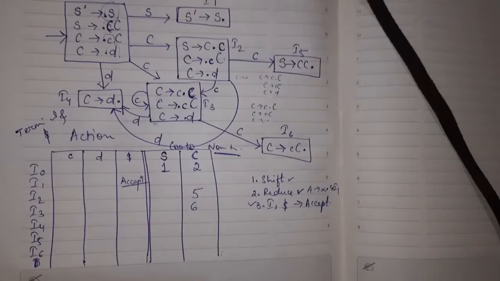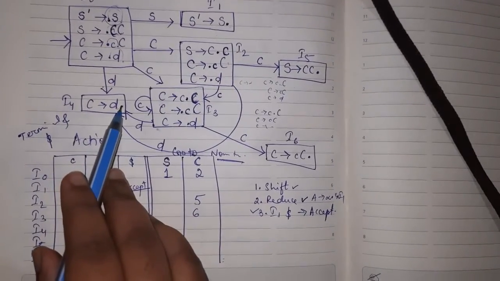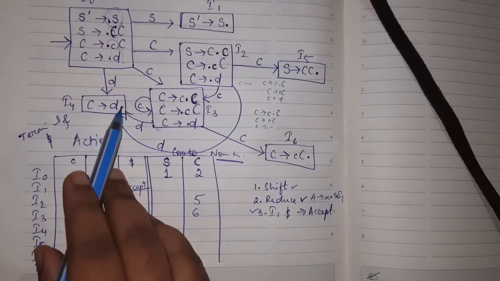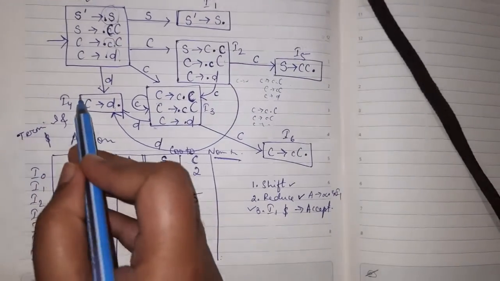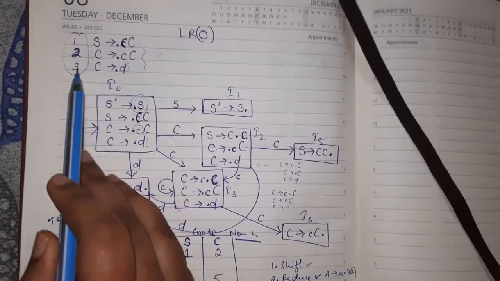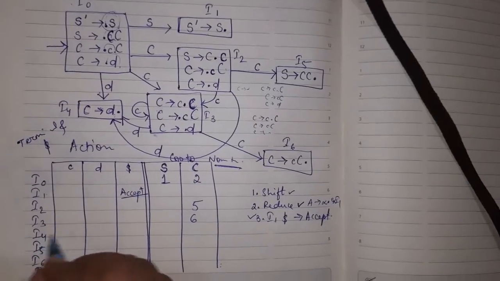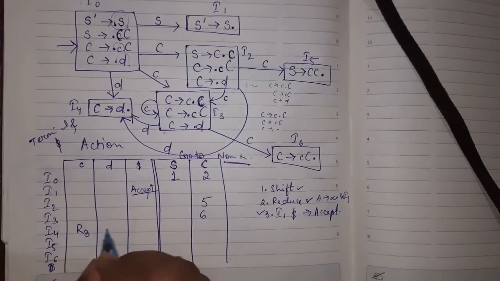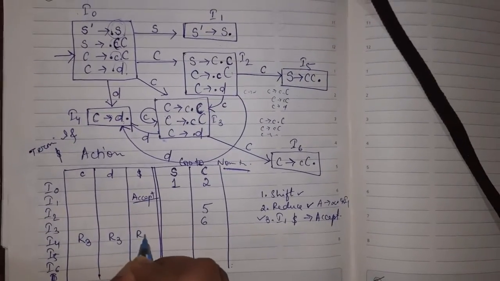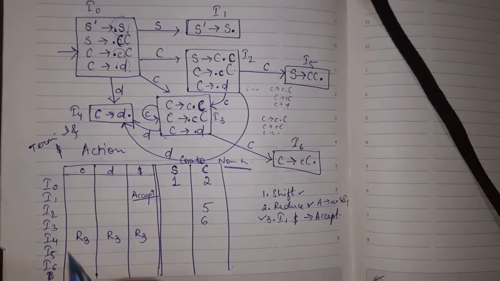So for I4 I need to reduce, meaning this production C derives d belongs to rule number 3. So for I4 I need to write R3, R3, R3 throughout all my terminals.